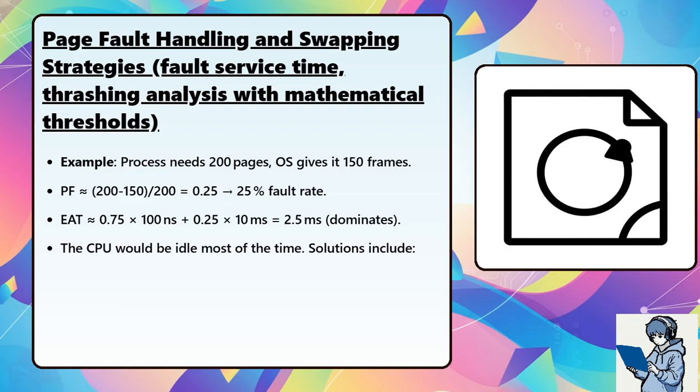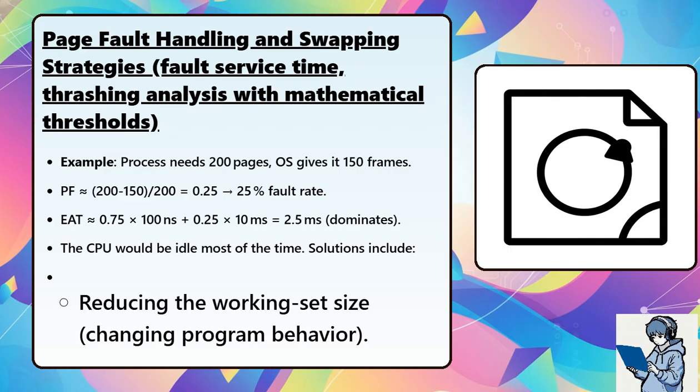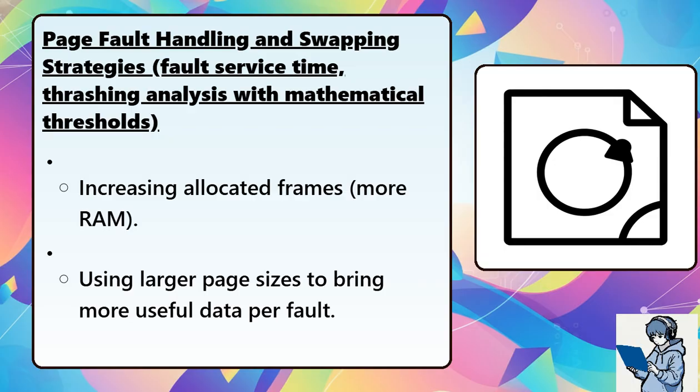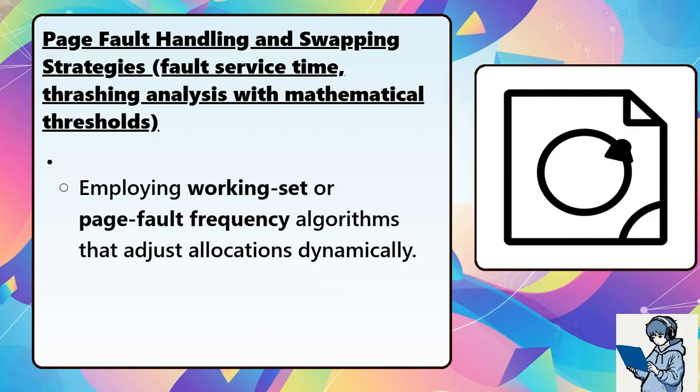The CPU would be idle most of the time. Solutions include reducing the working set size, changing program behavior, increasing allocated frames, more RAM, using larger page sizes to bring more useful data per fault, and employing working set or page fault frequency algorithms that adjust allocations dynamically.